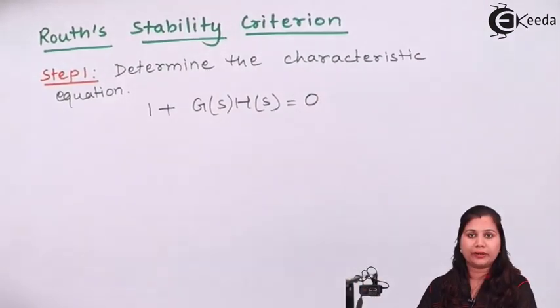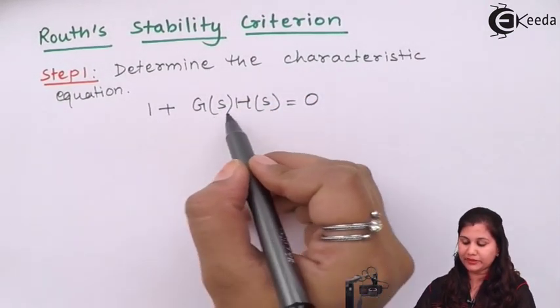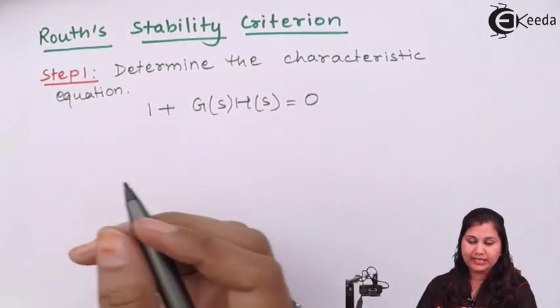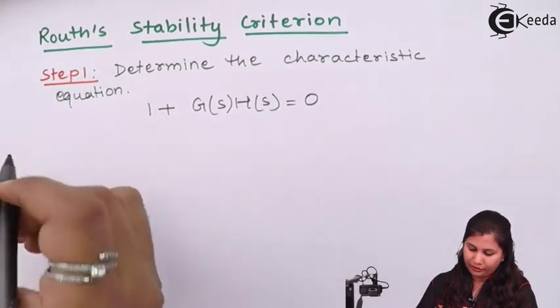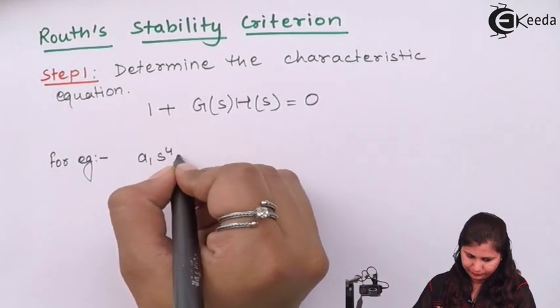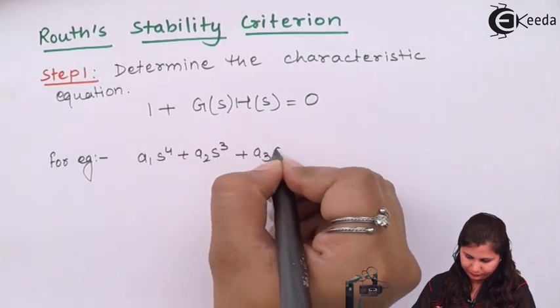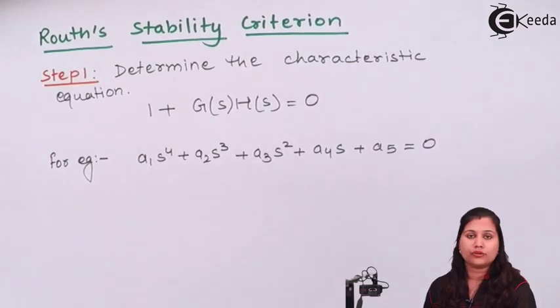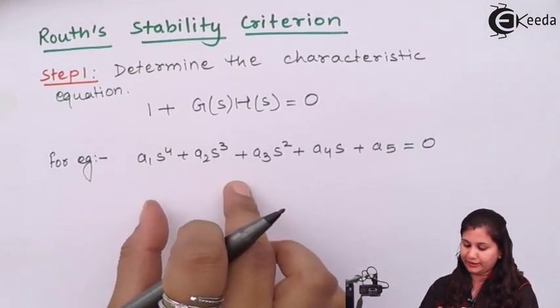So characteristic equation of a system is given by 1 plus G(s)H(s) equals to 0. Now let's take an example of a characteristic equation. So we have taken an example of a characteristic equation.